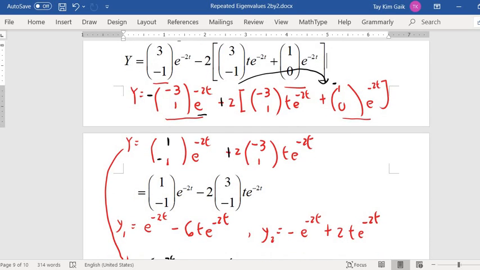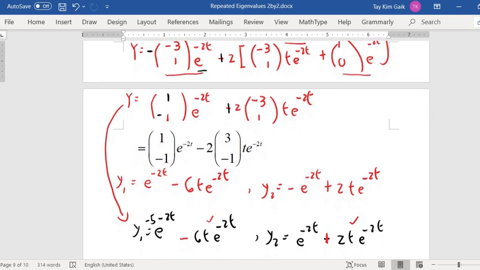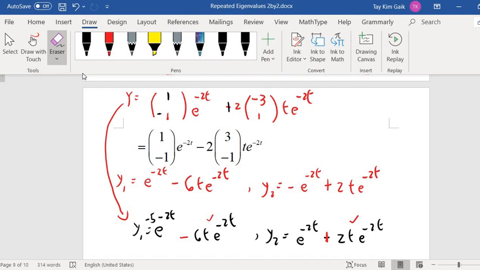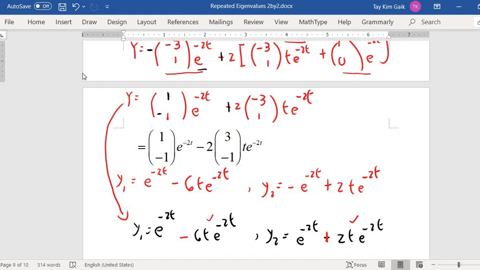So for the other variation where v1 is negative 3 and 1, now I expand in here. So y1: 1 exponent negative 2t minus 6t exponent negative 2t.